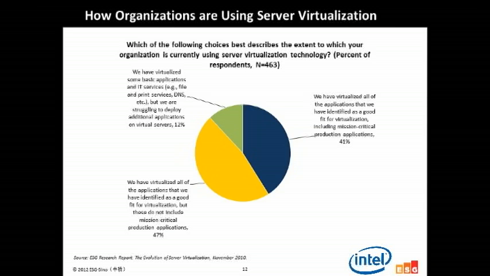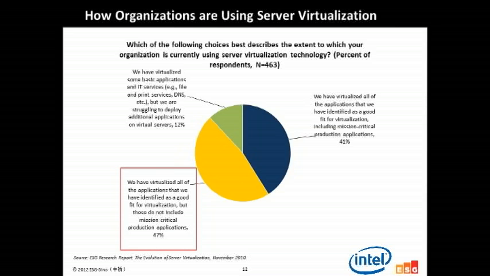So in that case, the barrier or obstacle for customers deploying server virtualization for more Tier 1 applications is more on the storage and network.